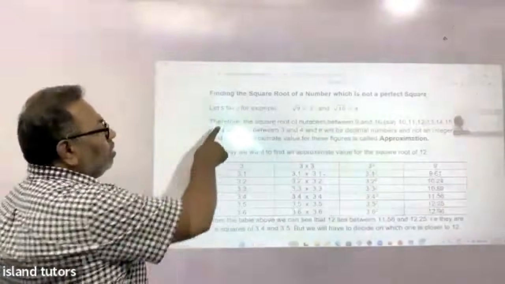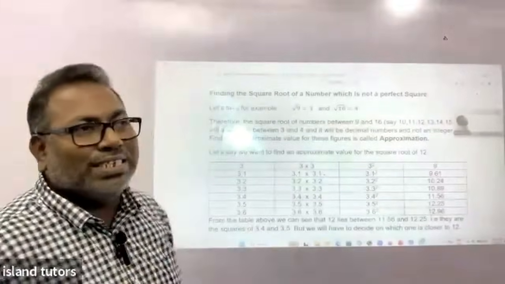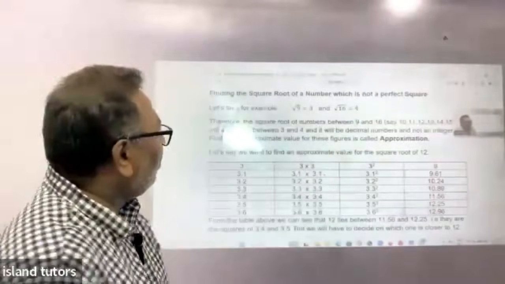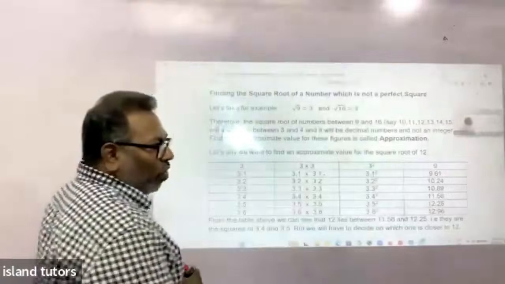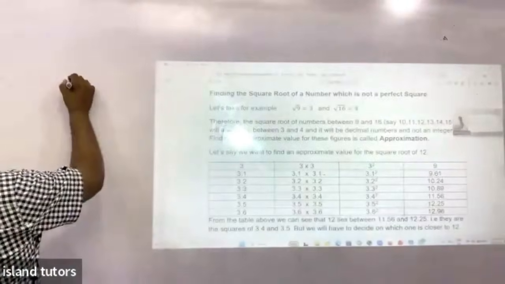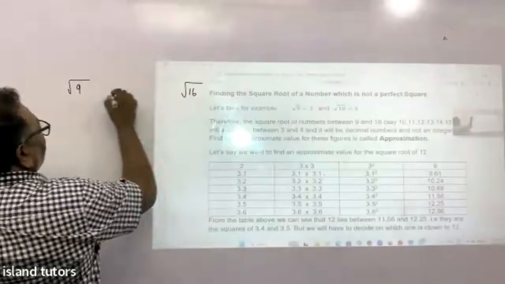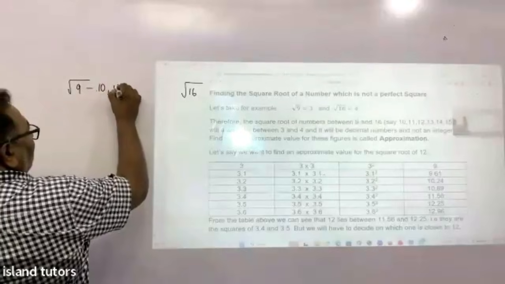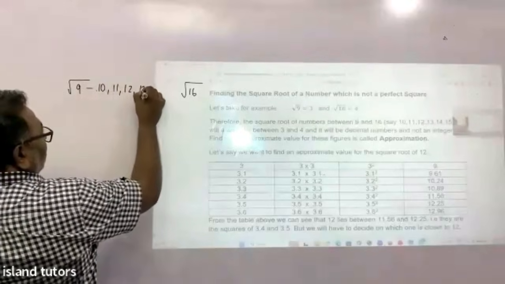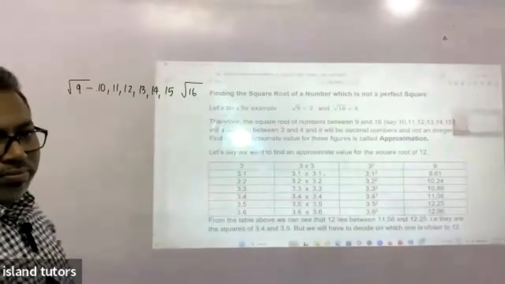Now, therefore, the square root of a number between 9 and 16. Now we have a problem. We know the square root of 9 is 3, the square root of 16 is 4. Then between 9 and 16, you have numbers like 10, 11, 12, 13, 14, and 15.